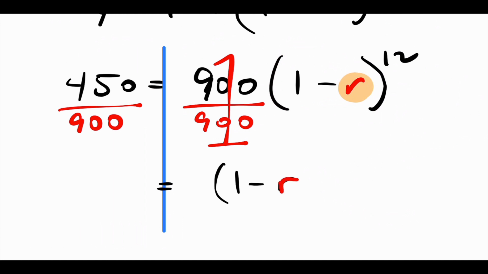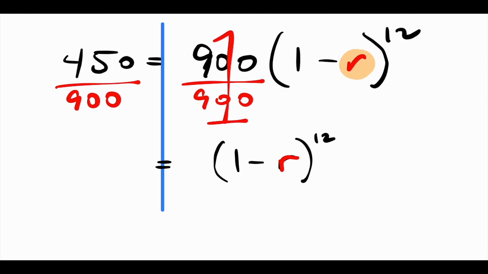And I'm left with this. Okay, so what is 450 divided by 900? It's a decimal, but it's a decimal you'll recognize. 0.5, yeah. 1/2.